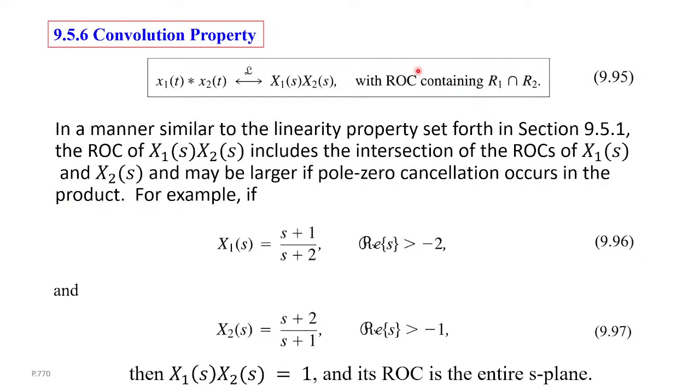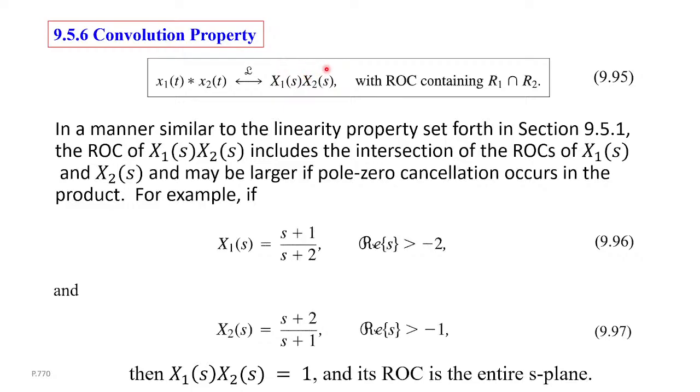The convolution property. And basically, once again, it looks the same as the Fourier transform. So you have a convolution of two signals and you do the Laplace transform. Then you will get the multiplication of the Laplace transforms.